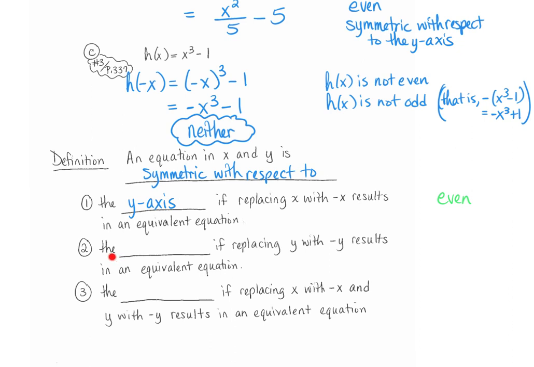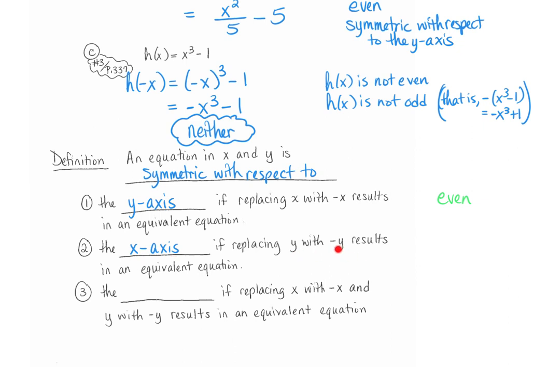It's symmetric with respect to the x-axis, if replacing y with negative y results in an equivalent equation. So notice the difference. Whenever we were checking to see if our function was even, odd, or neither, we replaced x with negative x. If you're checking for symmetry with respect to the x-axis, you're replacing y with negative y.